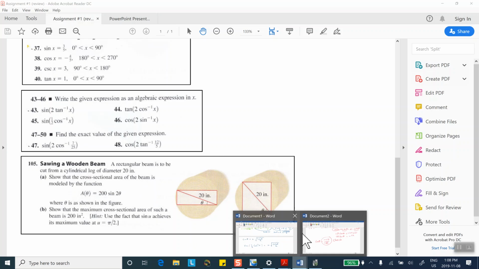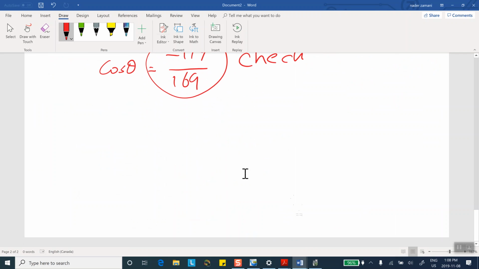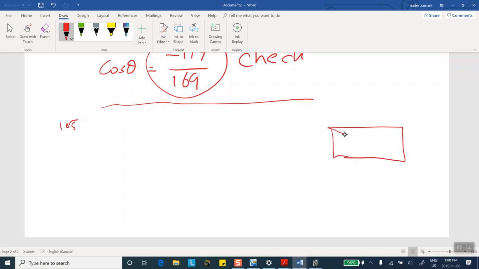So it's a very simple problem, actually. So let's go here. This is the last problem, the word problem, number 105. Basically the beam looks like this. This diagonal, you're told that it is 20, and this angle is theta, and this is a rectangle.